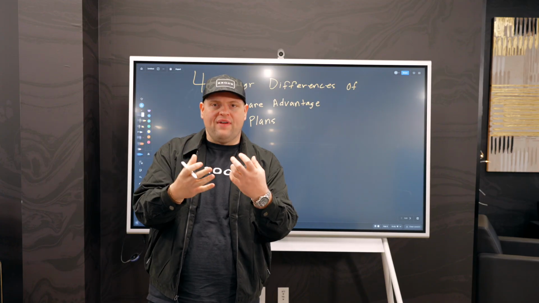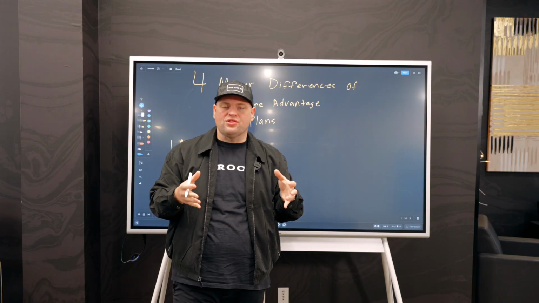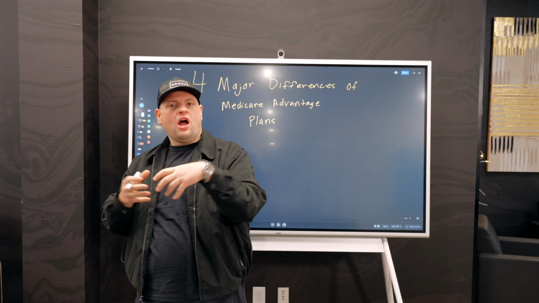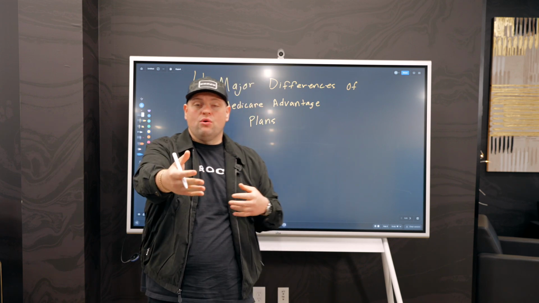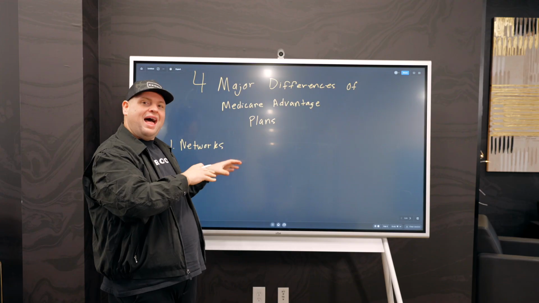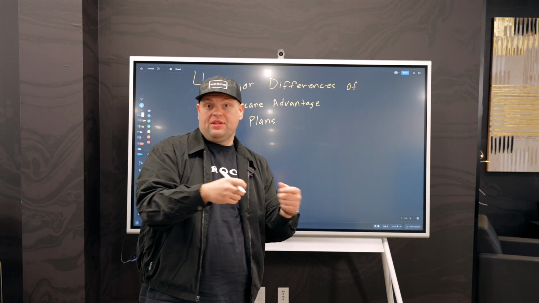Now, the way these Medicare Advantage plans work is they do have a network, and that means they have a network of doctors that will bill this plan. So if you were to come into a doctor's office in that network, they will bill the plan that you're on. Now, if you are on a Medicare Advantage plan and your doctor is not in that network, it is possible that you would have to select a new doctor.